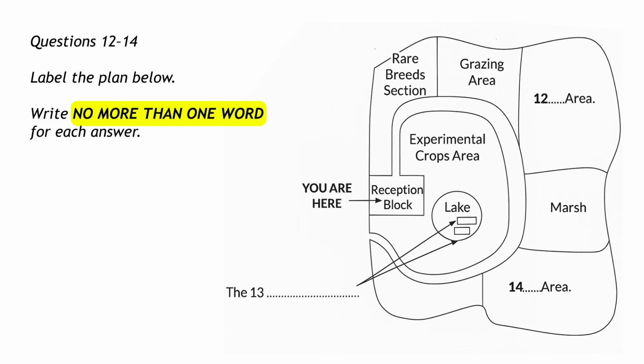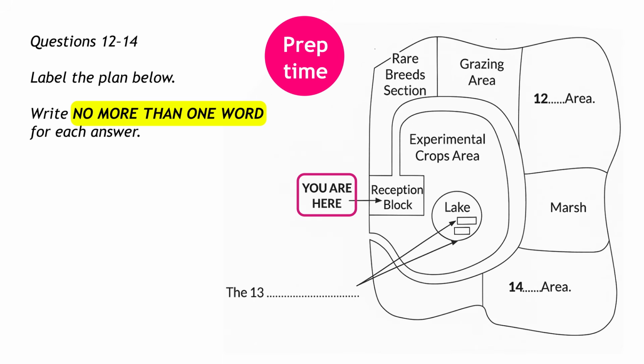Now, first, in the preparation time, we take a look at the map. We just take a look at the locations and the places, the names of the places. For example, it says you are here, so the directions that we're going to have are from the reception block. Right next to the reception block, there is a lake, so we should write, it is question number 13, so we predict what we are going to write.